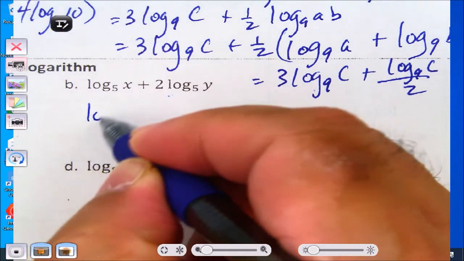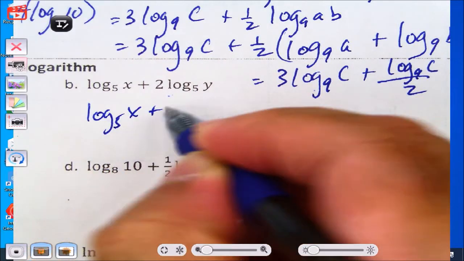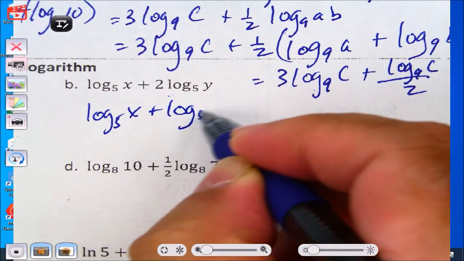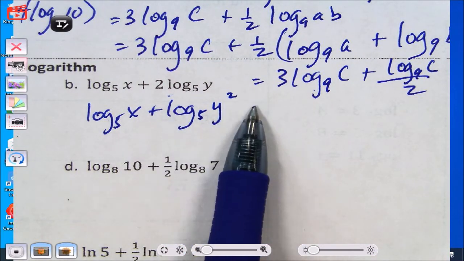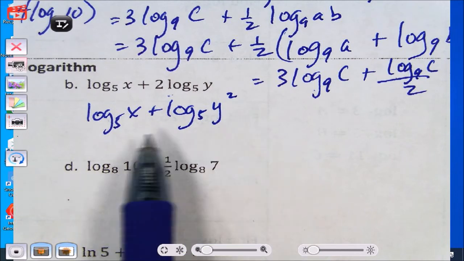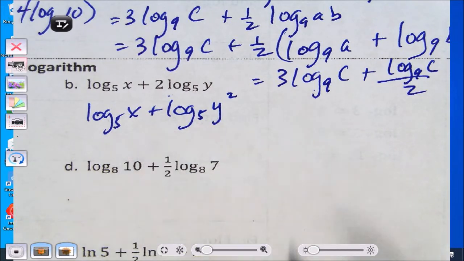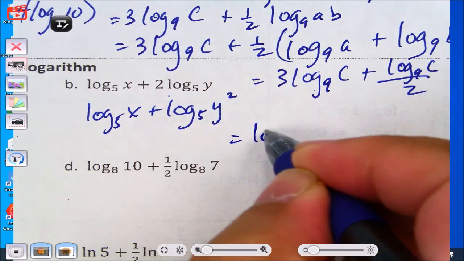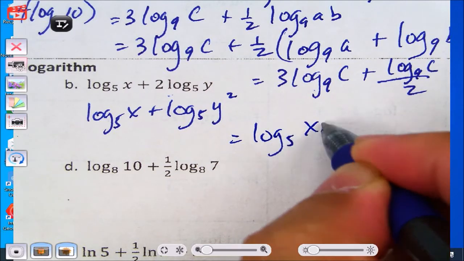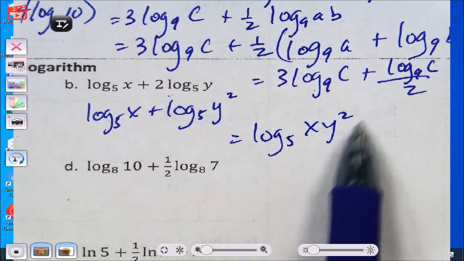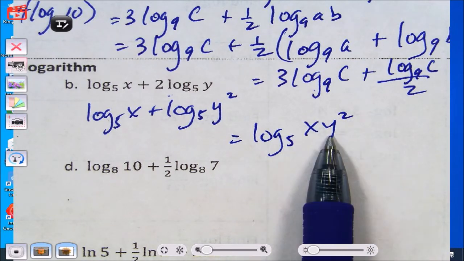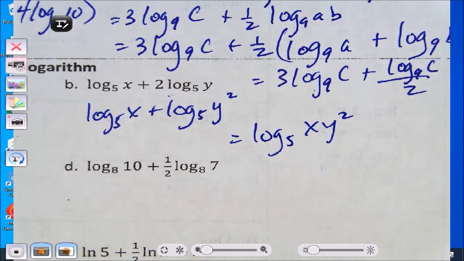So that'll be log base 5 of x plus log base 5 of y squared, right? I take that coefficient, turn it into an exponent. Now, I deal with this addition. So that's going to be log base 5 of xy squared. I have one log and everything is inside of that log. So that's how I know I'm finished.